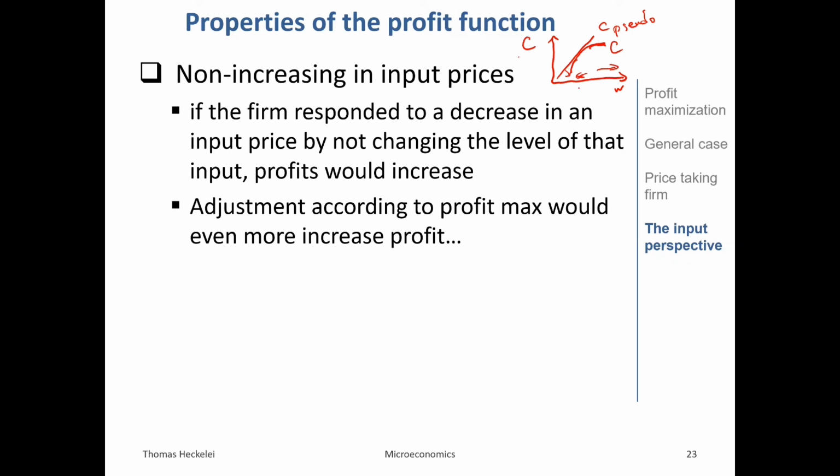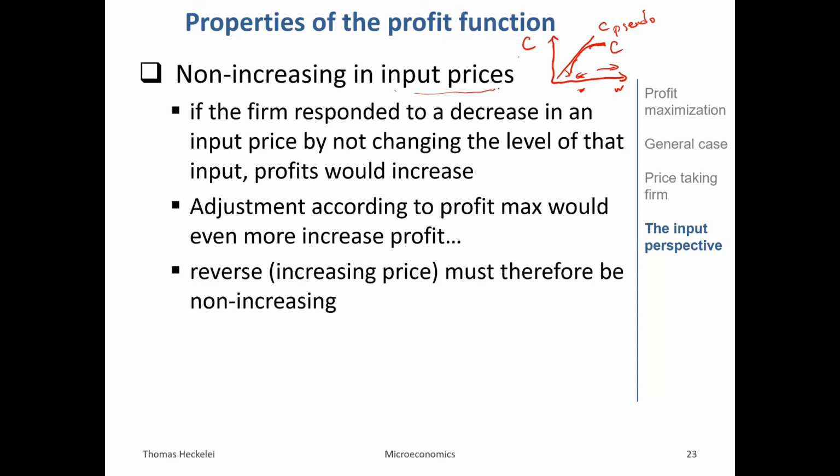So this is actually what happens in the background when input prices change. And that is why profit is decreasing in input prices.